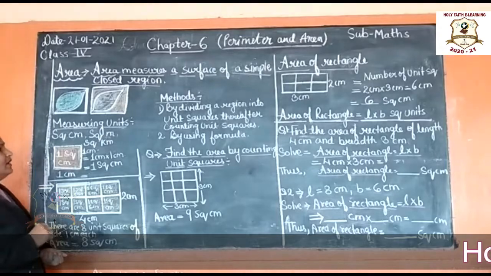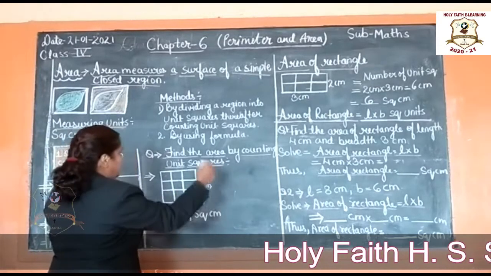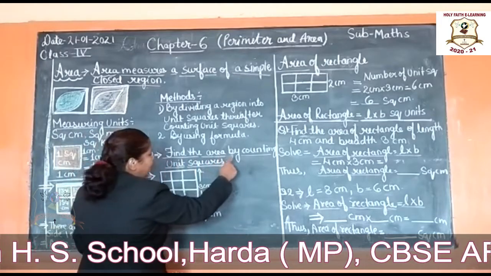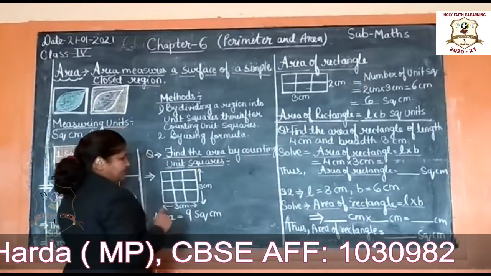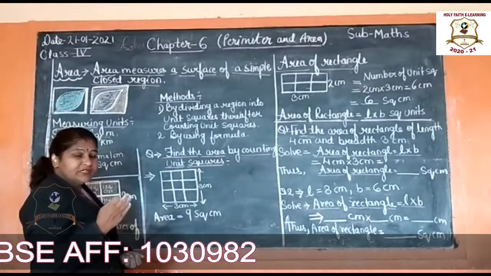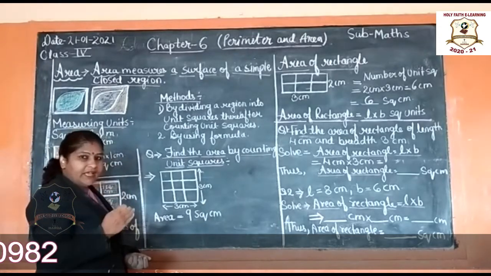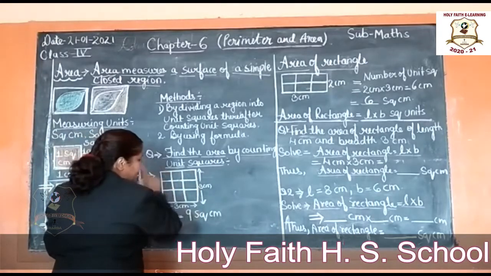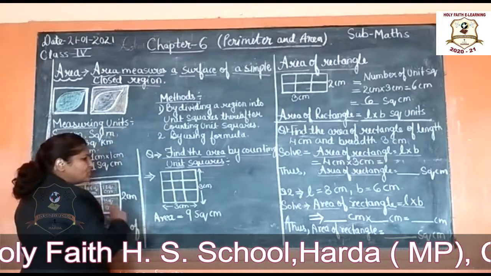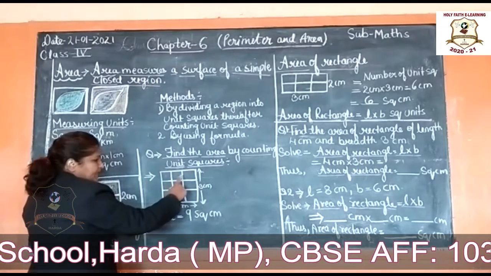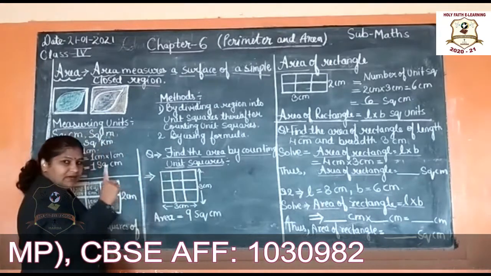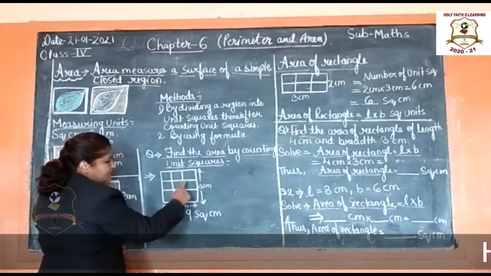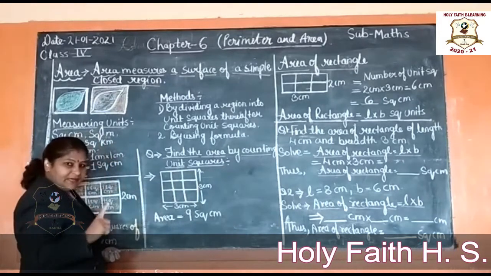Okay students, now here we will solve one sum. Find the area by counting unit squares. Here we have to find the area by counting the unit squares. So here this closed figure is given, and in this closed figure the side of each square is 1 centimeter.